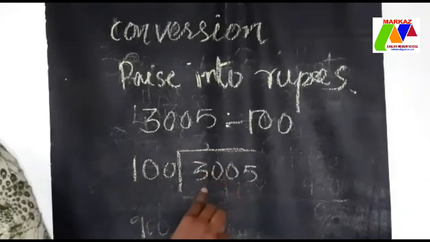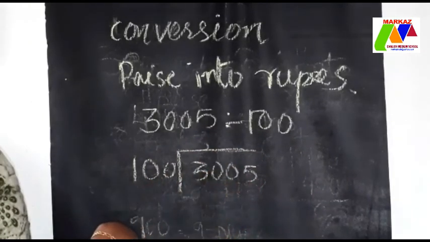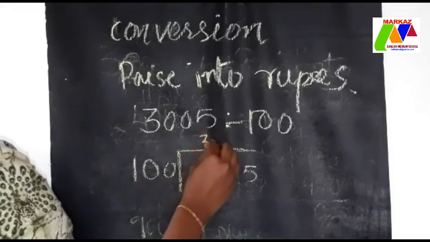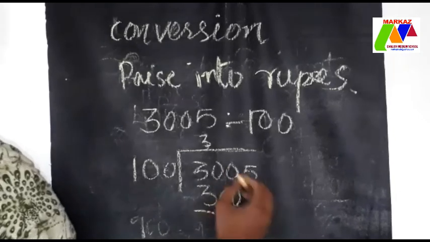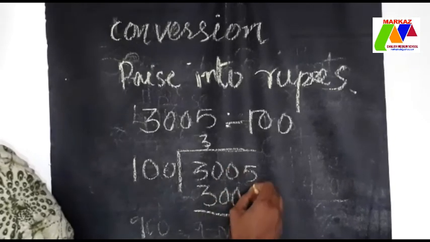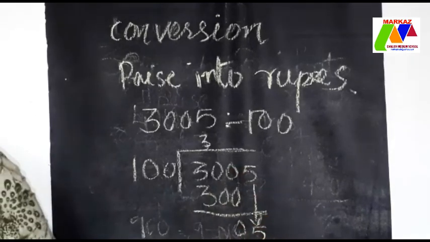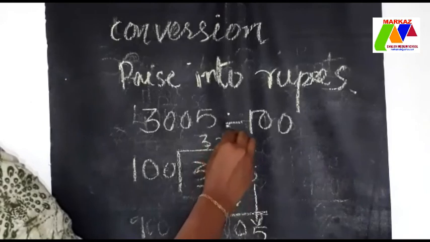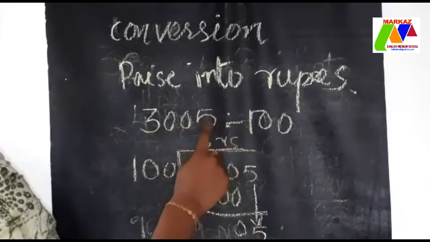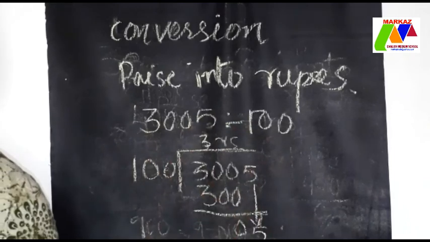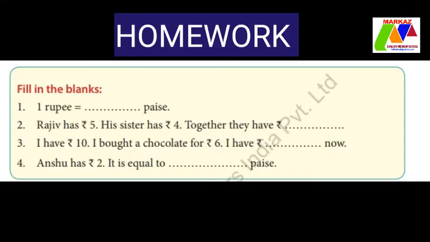Can we find 300 in the table of 100? Yes. 3 hundreds are 300. So, subtract. We have to bring this 5 here. Okay. So, the answer is 3. 3 is the rupees and 5 paise. So, 3005 paise is 3 rupees point 05 paise.